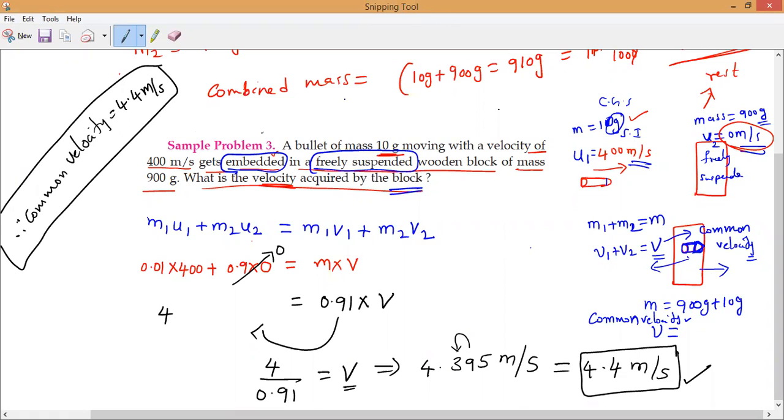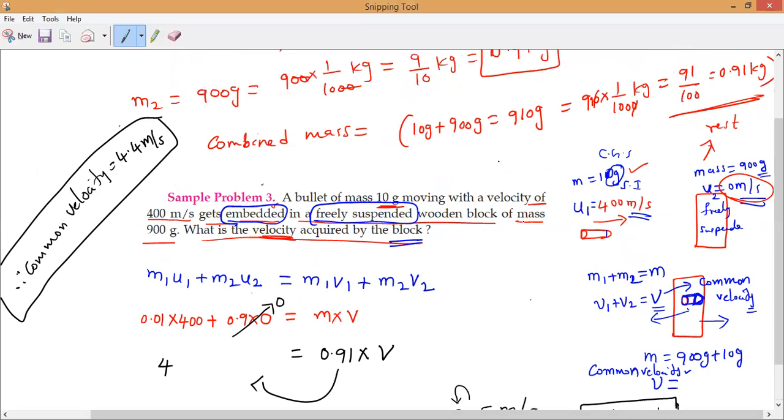Arun Kailash, have you solved? Akilan, have you solved? Sir, going to solve. Gokul, Danishkar, why are you not solving?